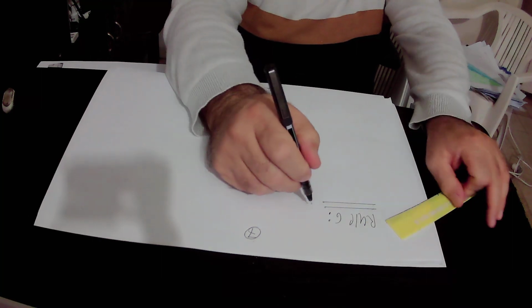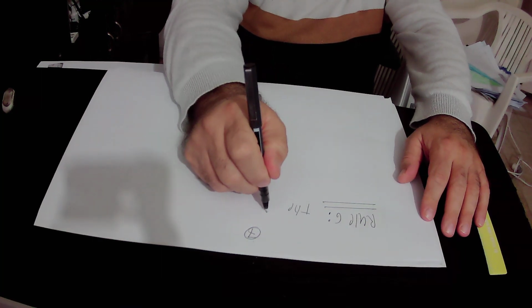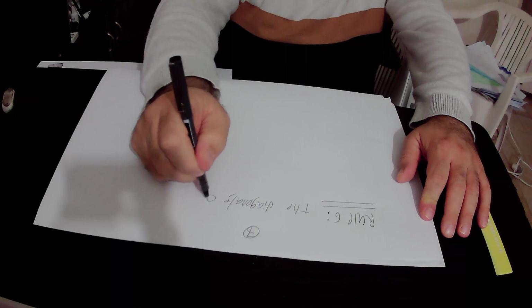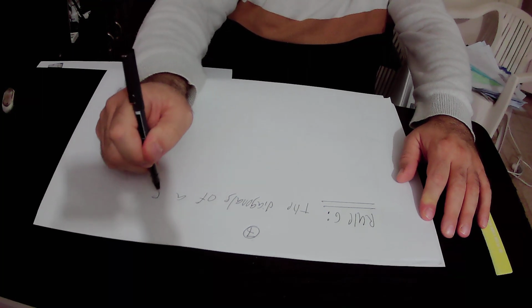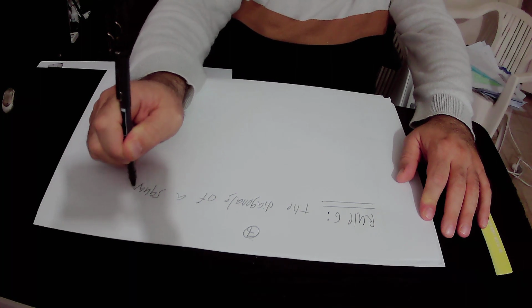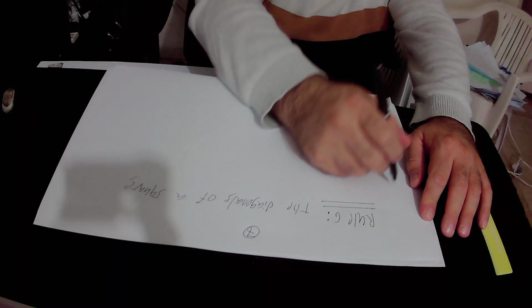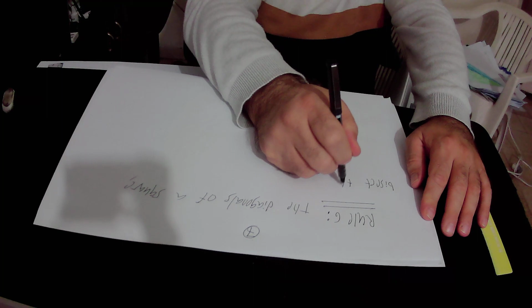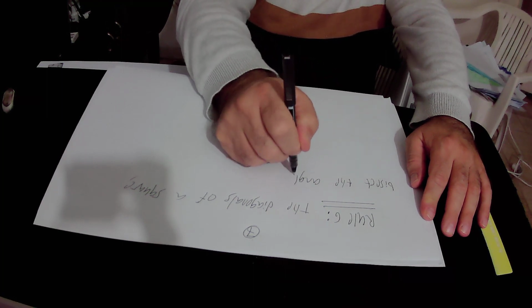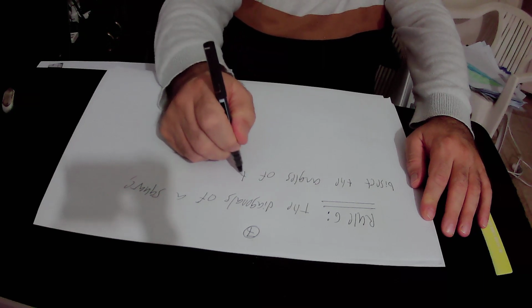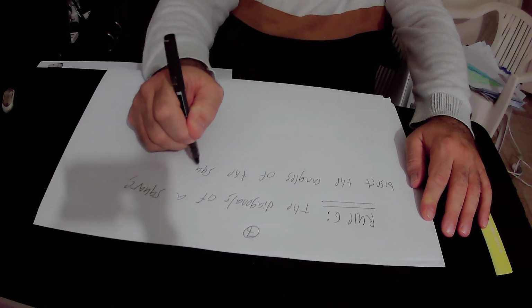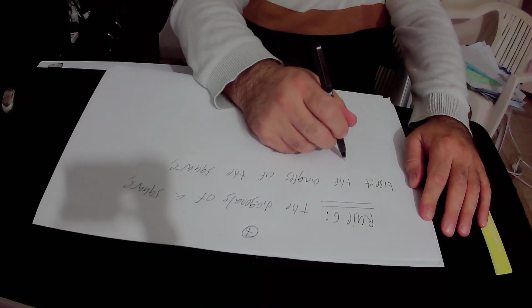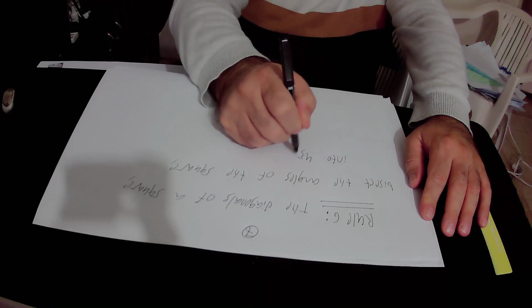the diagonals of a square bisect the angles of the square into 45 degrees angles.